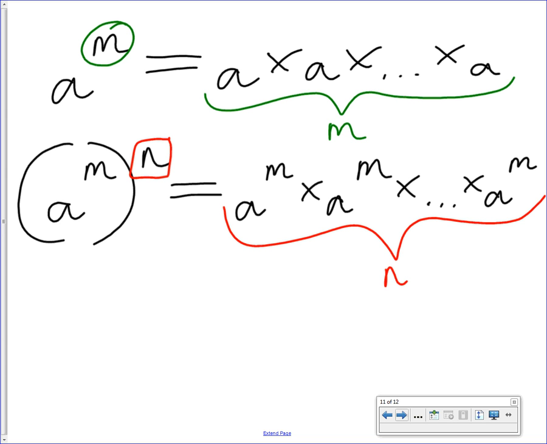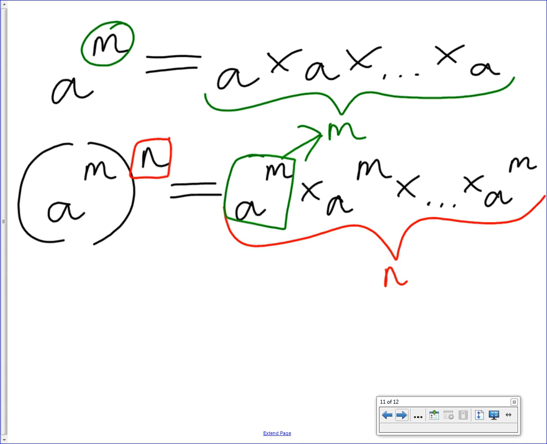So every bit that we have here, every bit like this, has got m lots of a's inside it. You write out a m times for every time you see a to the power of m.